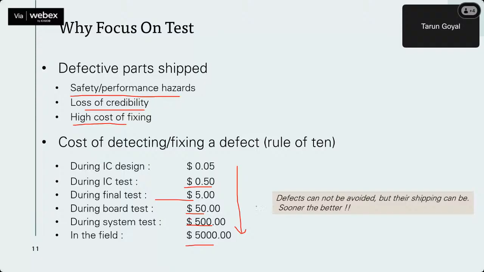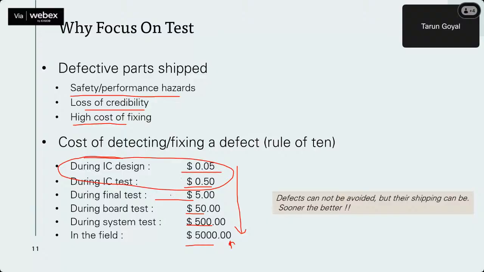So the best thing is, defects cannot be avoided, but at the end we cannot ship a defective part to the customer. The good part is, as soon as we are able to catch the defects, the cost is at a minimum. So during design, we design in such a way that we get maximum coverage, so that we are able to detect all those defects.